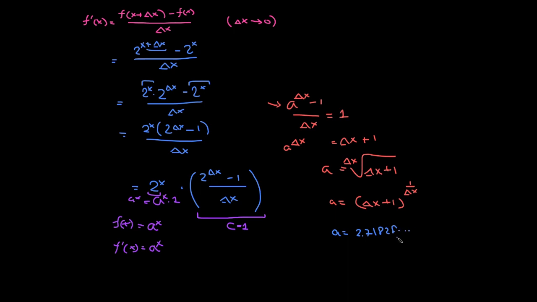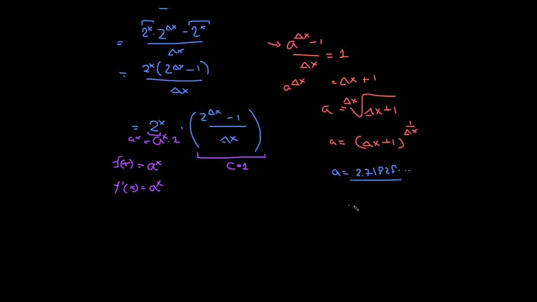And in mathematics, this number is so important that there actually is a special name for it. It's called Euler's number, or just e for short. So anytime you see e, it's this number, and you'll see it often enough. It's used very often. It's a very important number in calculus, but also beyond.